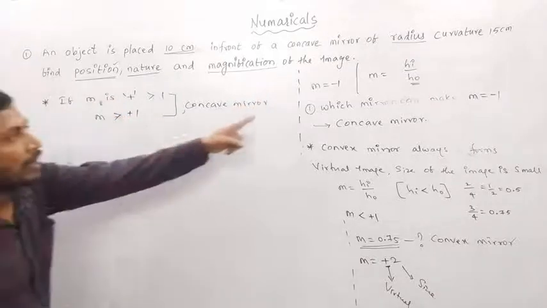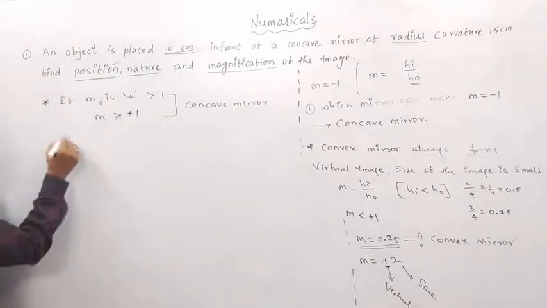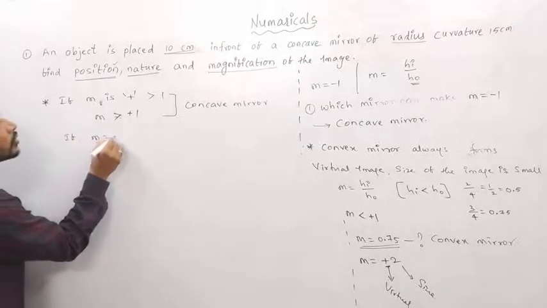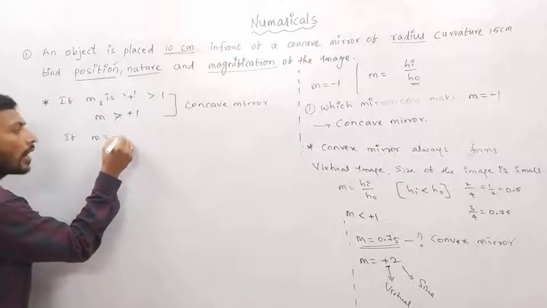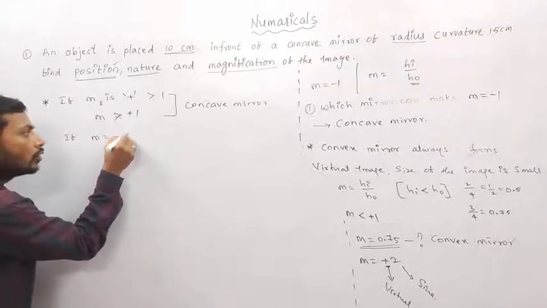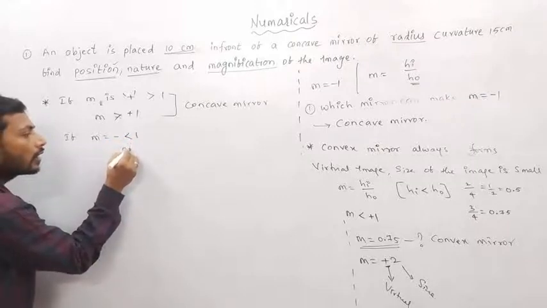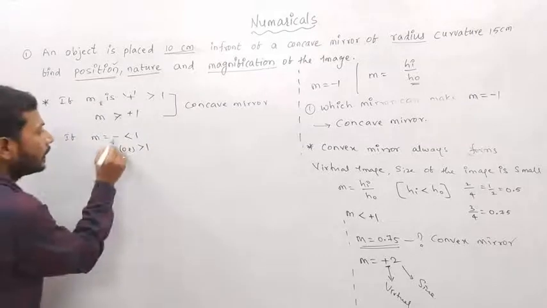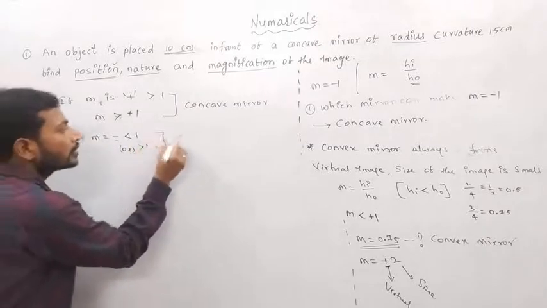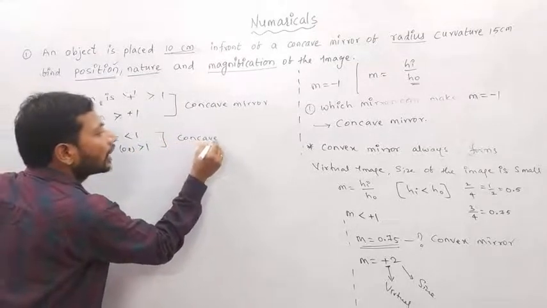And for the concave mirror, one condition you also wrote: if M equals minus any value, smaller value, minus less than 1 or more than 1, no problem. It is the real image, only possible with a concave mirror.